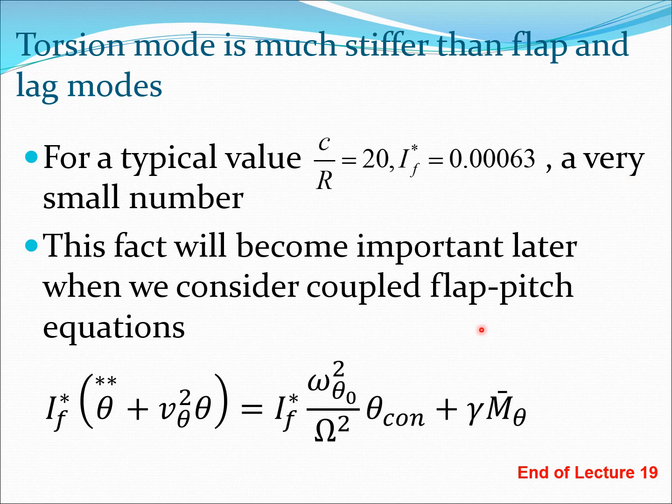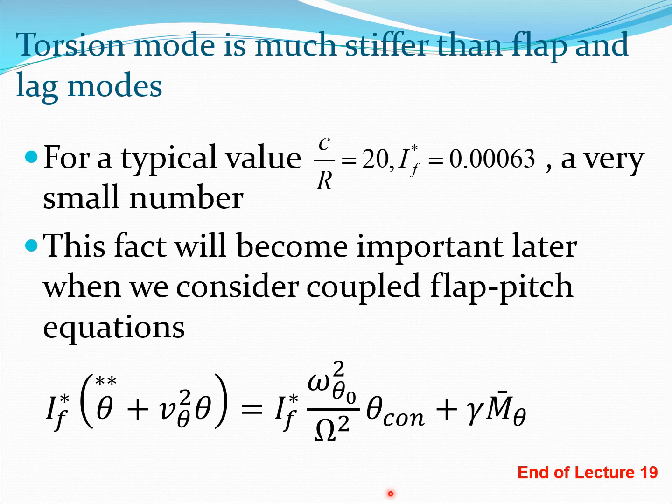Now this fact is going to become important later when we consider coupled pitch flap motion. So if we now look at this equation here, we see that the IF star here, the IF star here, both of these are likely to be small numbers, but again if you solve this equation, that's all going to work out.